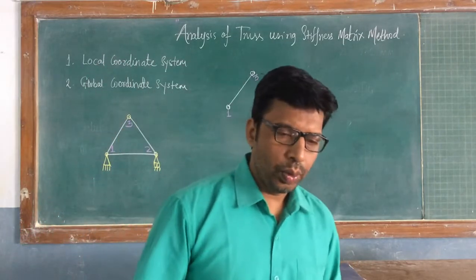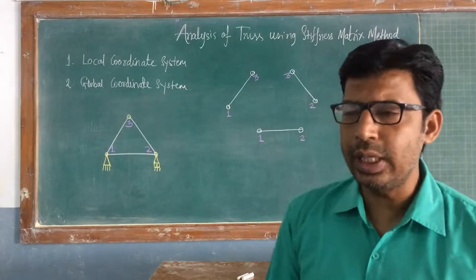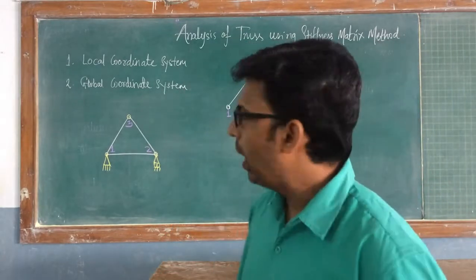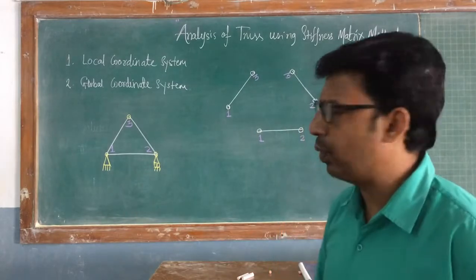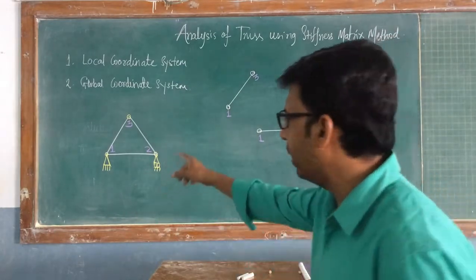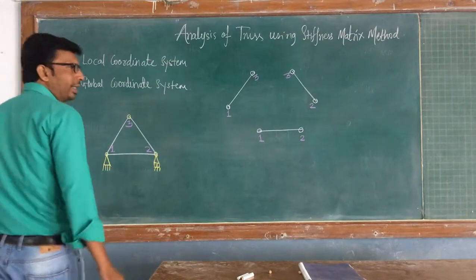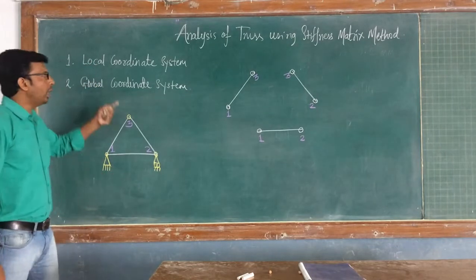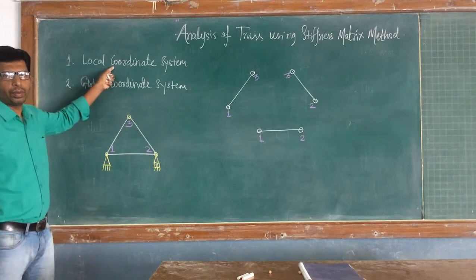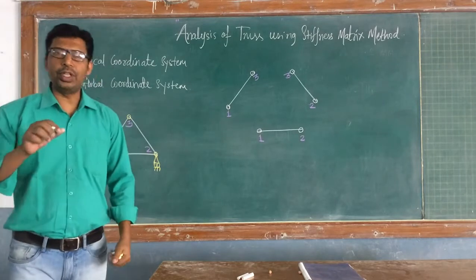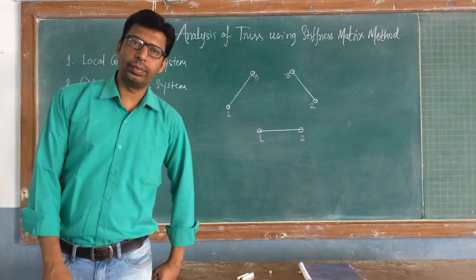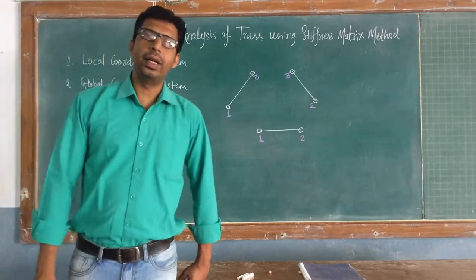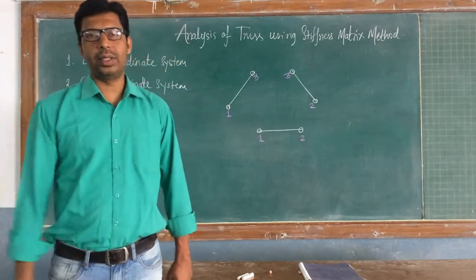If you want to understand what is the local coordinate system and what is the global coordinate system, take a simple example of one truss with three members. Local coordinate system means a coordinate system which changes member to member, or a coordinate system which is used to represent one member of the truss.